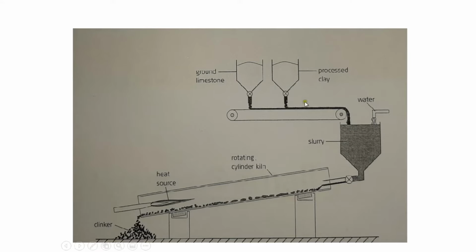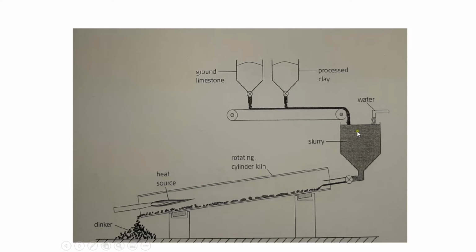Here I've got the diagram showing how the Portland cement is made. Here I've got the bins or the silos of ground limestone and the processed clay. And then it's discharged to a conveyor belt. Together, the processed clay and the limestone is mixed in a big container. It's mixed with water to form a slurry.